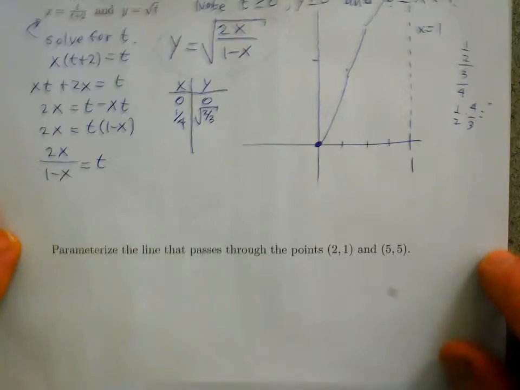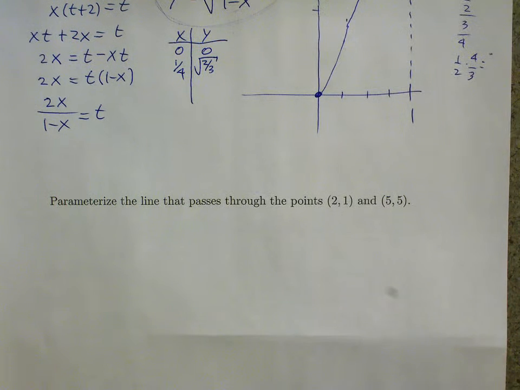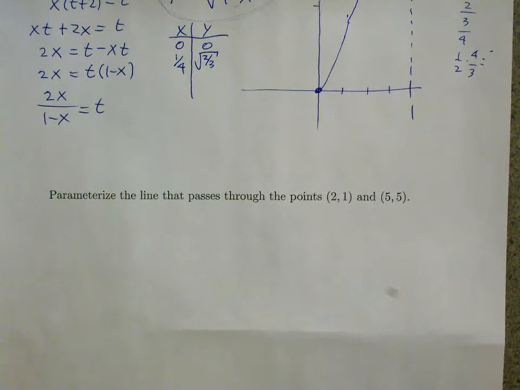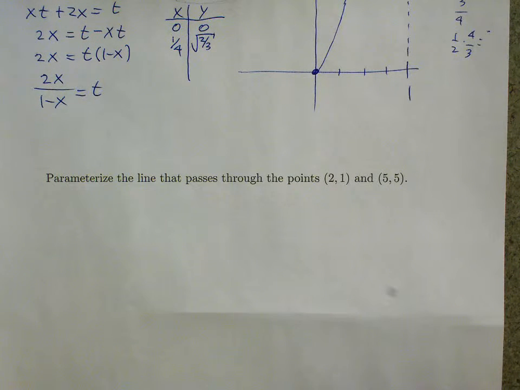Hey, another thing that you should know how to do is parameterize a line that passes through 2 points. So we'll use the parameter t. So maybe you've already learned how to do this.